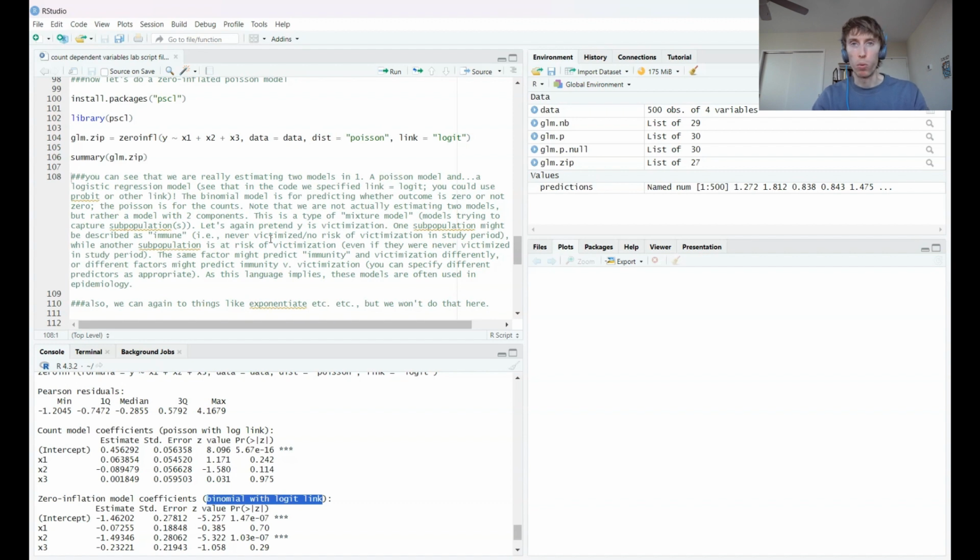Overall, this is the type of what's called a mixture model, which aims to generally capture and model these latent subpopulations in your data.